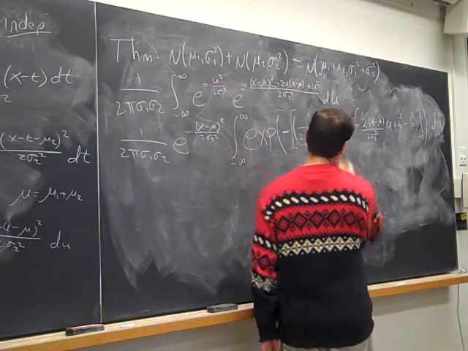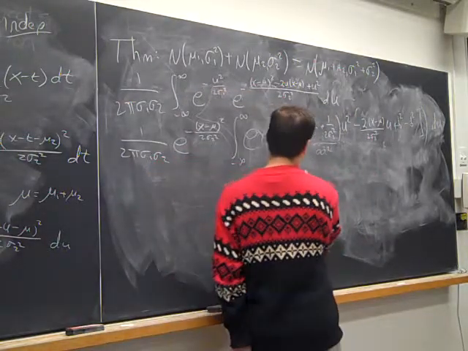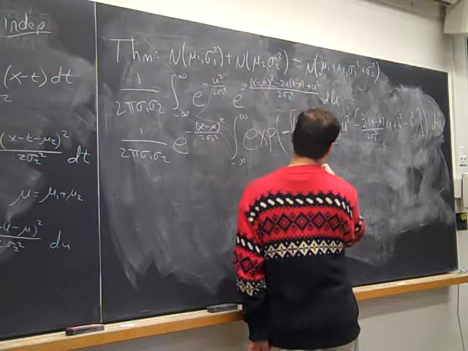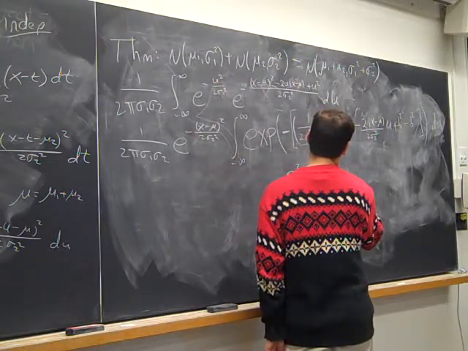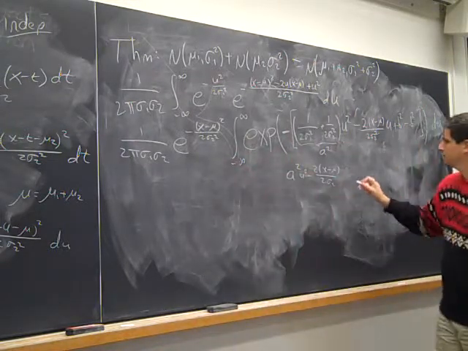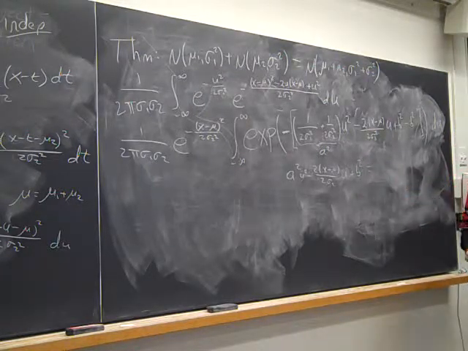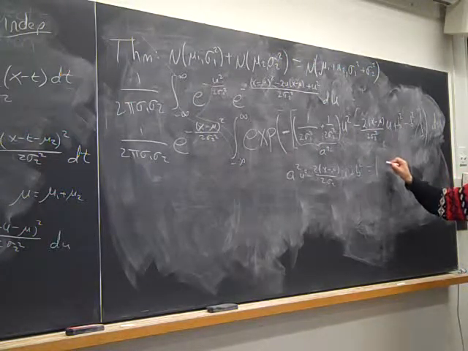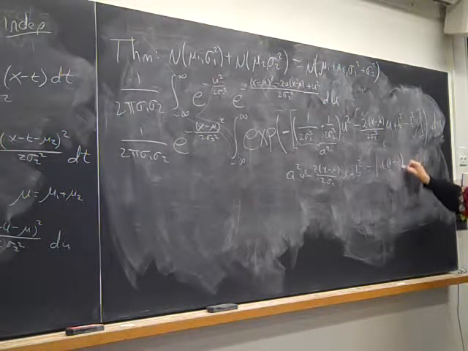Let's call that a squared. So what we have now is a squared u squared, minus this u, plus b squared. And we want this to essentially become a u minus b, squared.